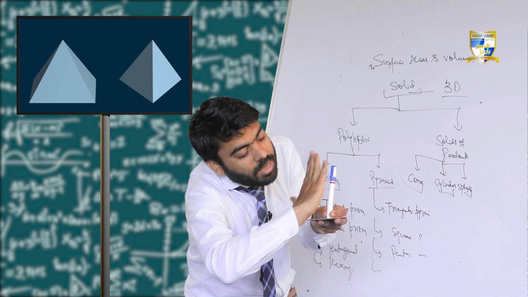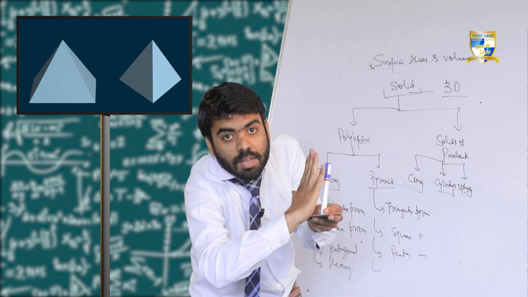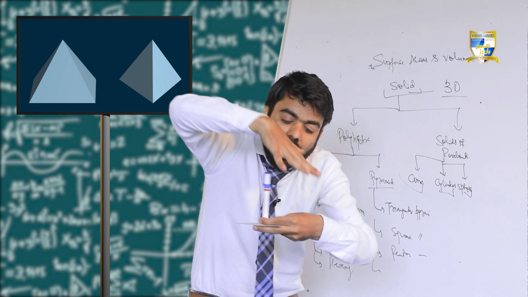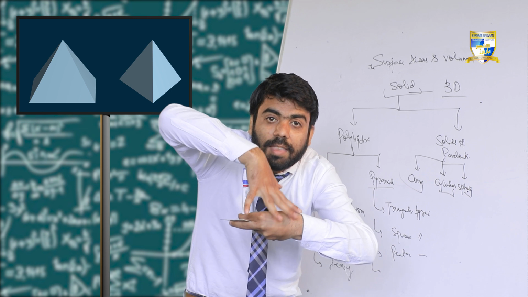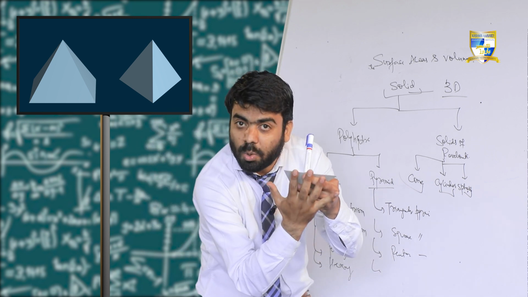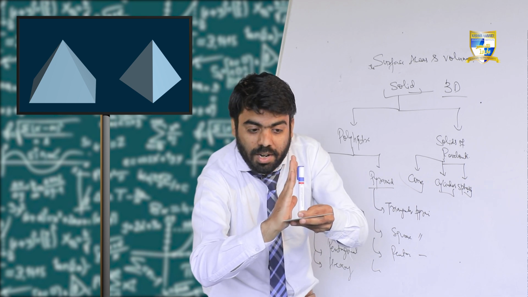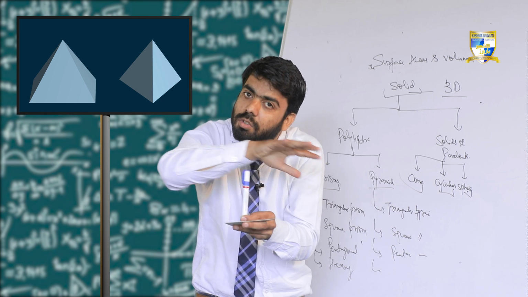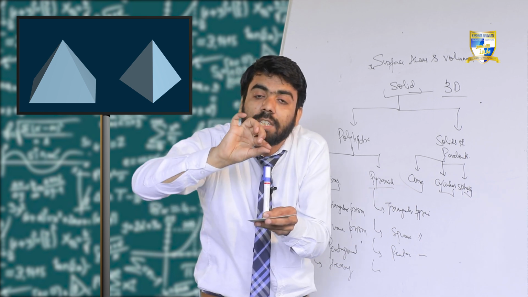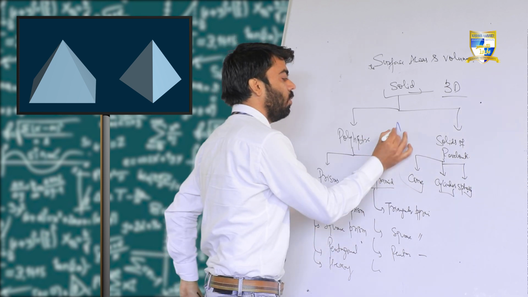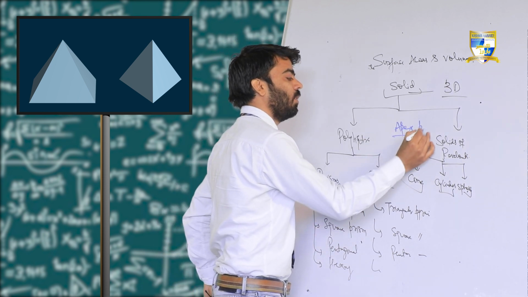The area of this surface will again be a triangle, and the same from this side and this side. The base is a triangle, and the sides are three triangles. On top there is no other triangle. There is a point which we know as the apex.